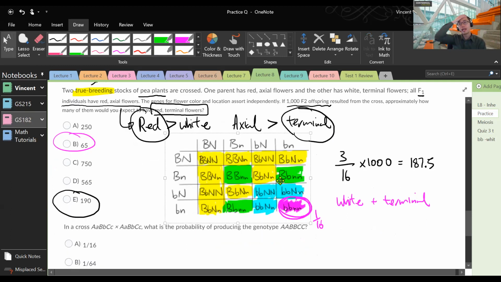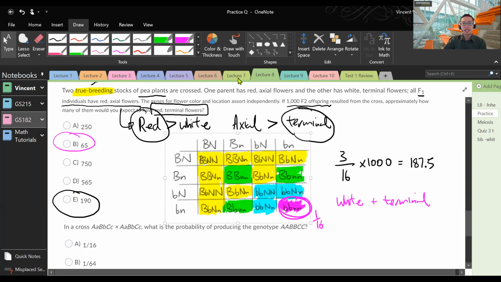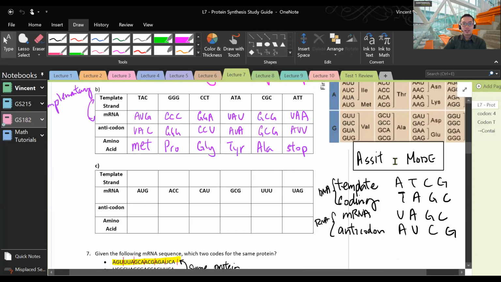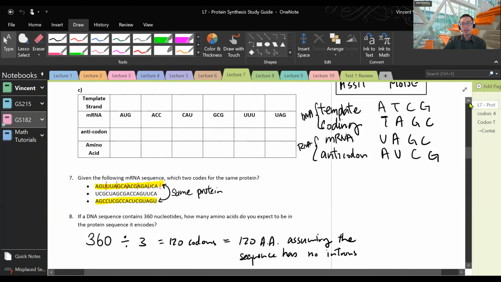I was looking at the results of the previous quiz number 3, and there are some questions where I give you the template strand and ask you for the RNA, and some where I give you the coding strand and ask for the RNA. A lot of people still get mixed up. Last class I gave you this cheat sheet.